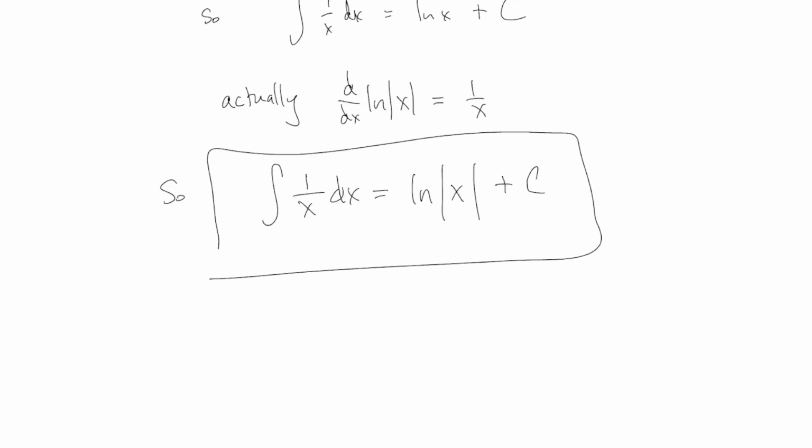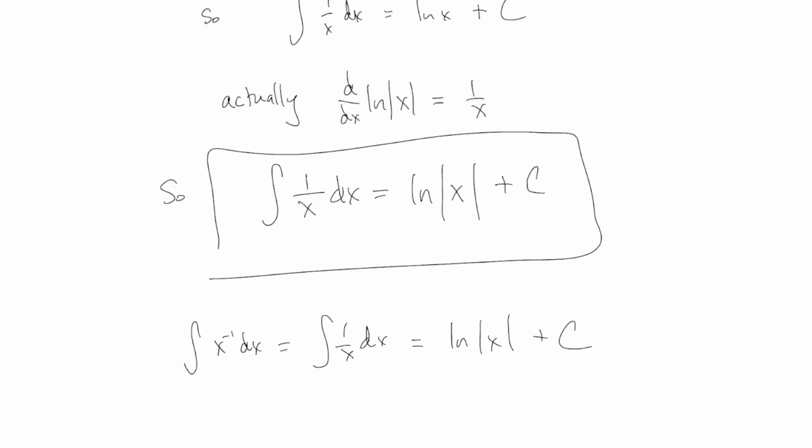Okay, this is the formula for the integral of 1 over x. And I will just remind you, this 1 over x is the same as x to the minus 1. So you use this formula when you see x to the minus 1 or 1 over x. Those are the same thing, written in two different ways. In any case, the answer either way is the natural log of the absolute value of x plus c.